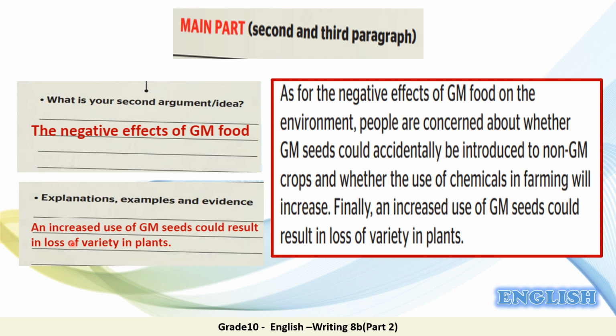Then we are talking about how an increased use of GM seeds could result in a loss of variety of plants. So let's see how the sentence was expanded. "Finally, an increased use of GM seeds could result in loss of variety in plants." Any related style or writing to this is correct.